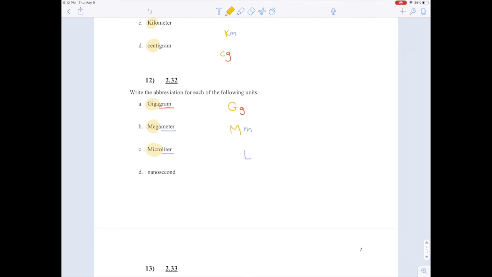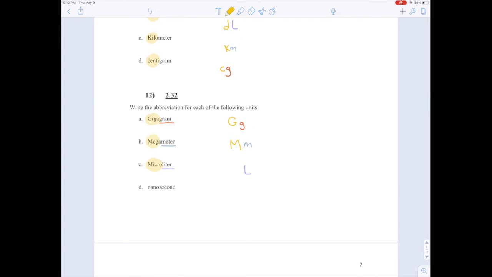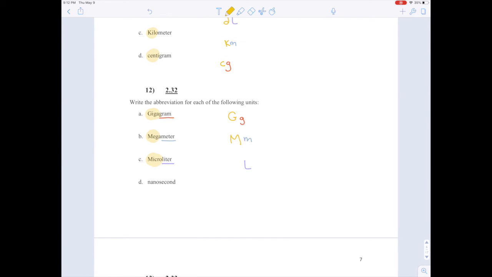And the abbreviation for it is actually the Greek letter for M. Notice we couldn't have used a lowercase m because that's being used for milli. We couldn't have used an uppercase m because that's being used for mega. And so for micro, we're going to use the Greek letter for m. If we run out of English letters for m, we'll use the Greek letter for m, and that is a mu.